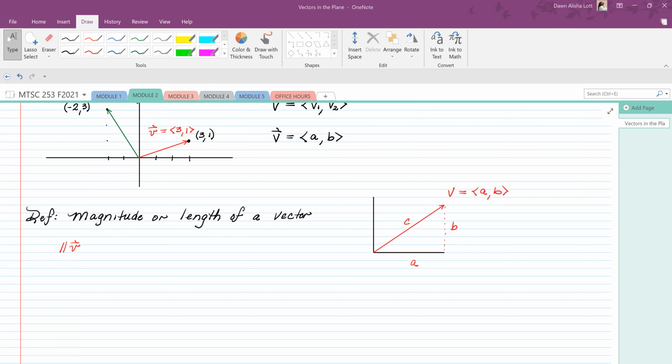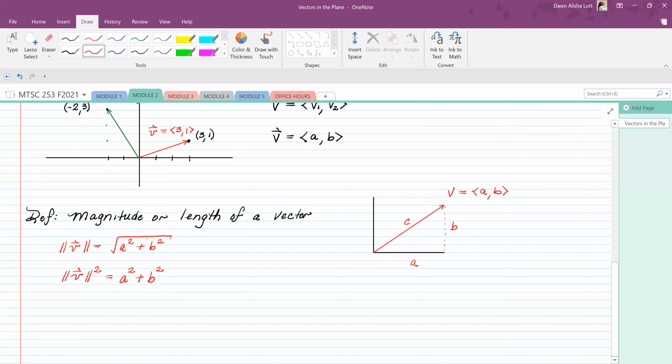Okay, we're good. So the length of the vector V is to take the square root of A squared plus B squared. So in other words, the length squared of a vector V is simply A squared plus B squared. Not difficult.